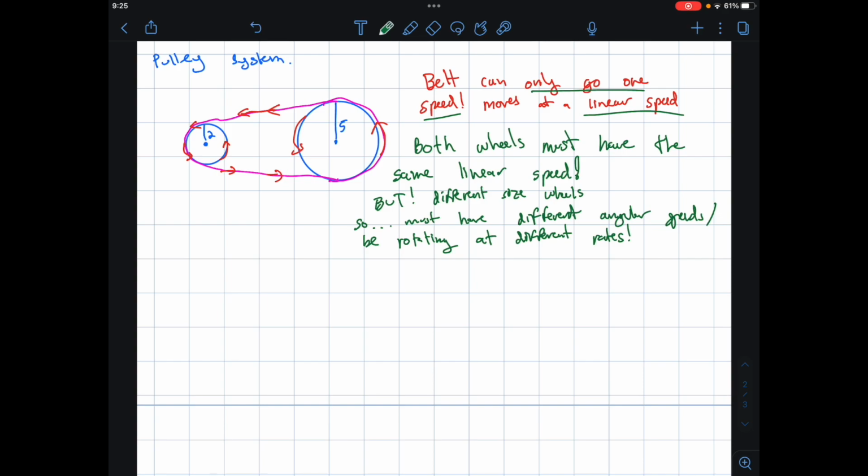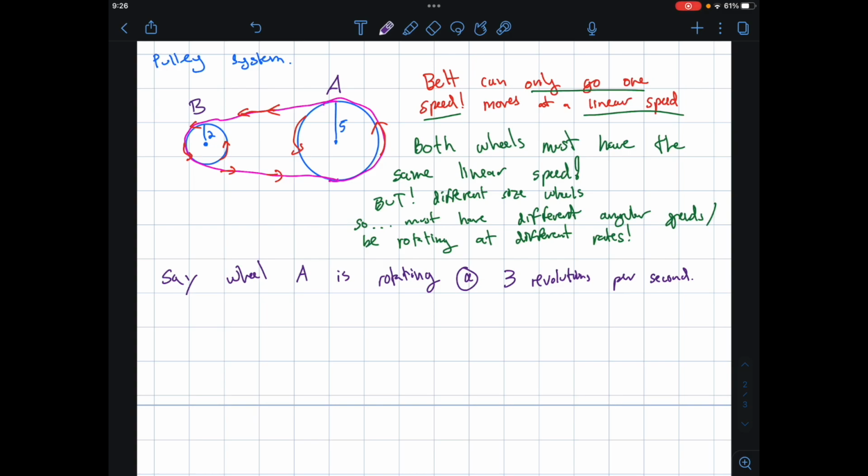Okay, so let's go through and make up some numbers here. Let me label this as wheel A and wheel B. Say wheel A is rotating at 3 revolutions per second.